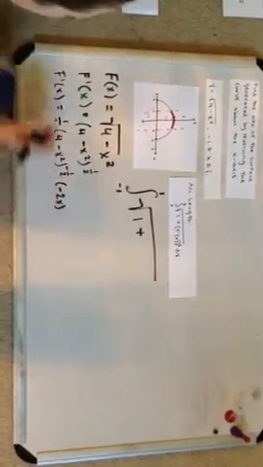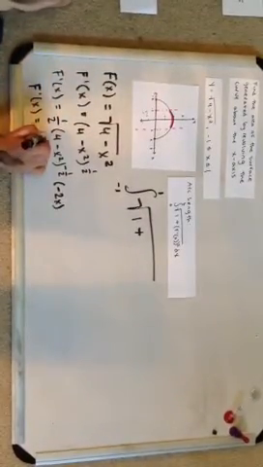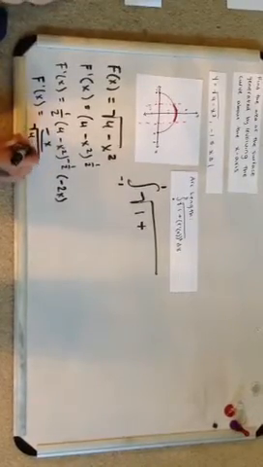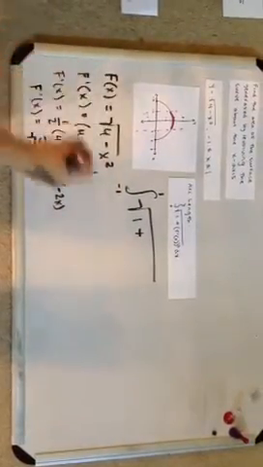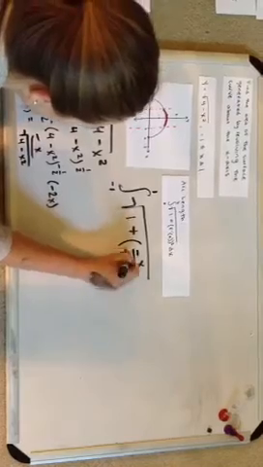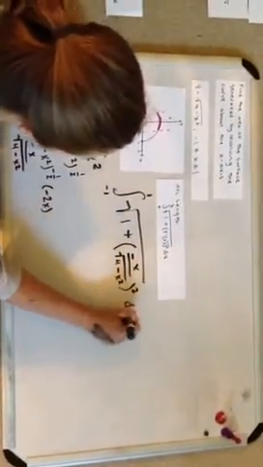Now it all reduces down to be -x over the square root of 4 minus x squared. And so we can plug that into our formula: -x over the square root of 4 minus x squared, dx.